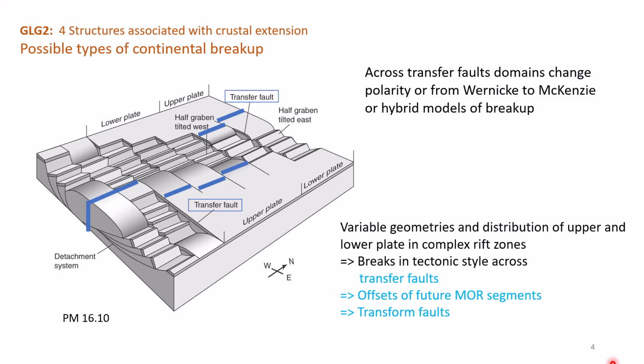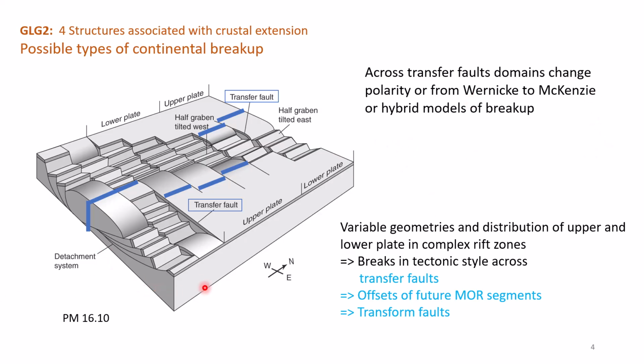In a previous video on continental breakup, we have discussed how transform faults originate, and I just want to remind you of this mechanism. We know that rift grabens can develop according to different kinds of modes. The Wernicke and the Mackenzie are the most commonly known ones, but there are also hybrid models between Wernicke and Mackenzie.